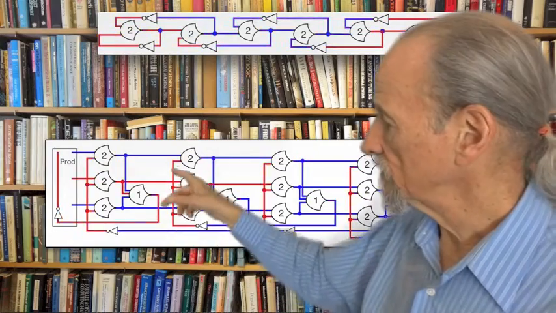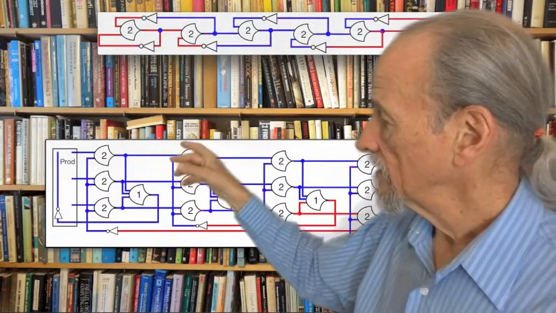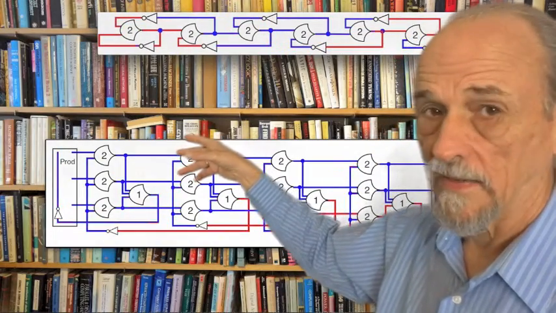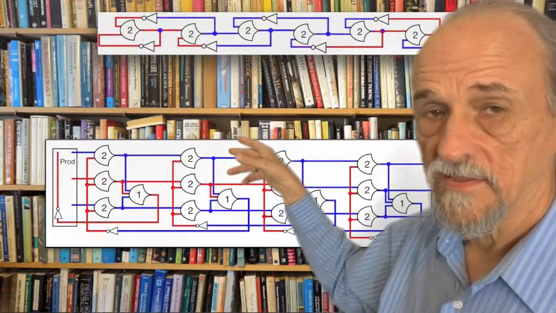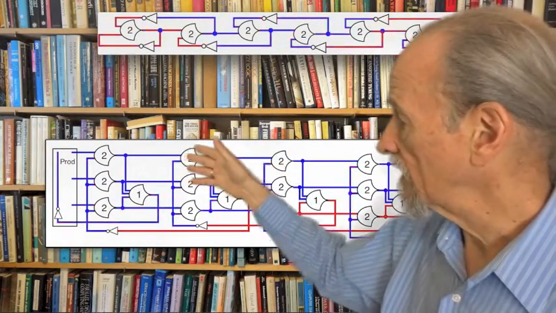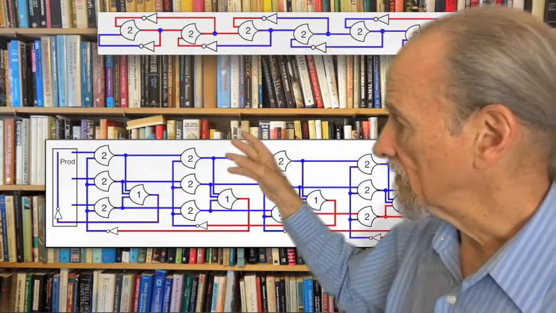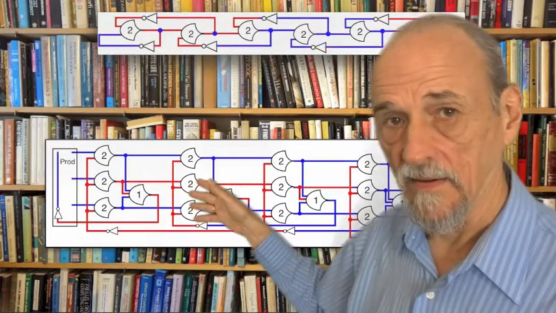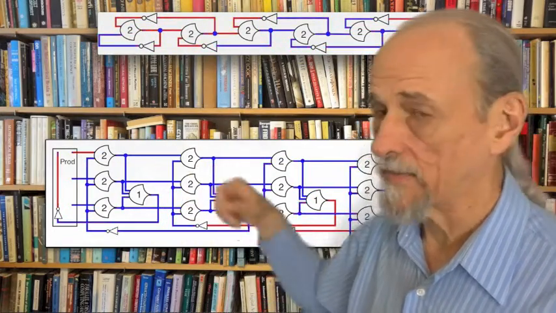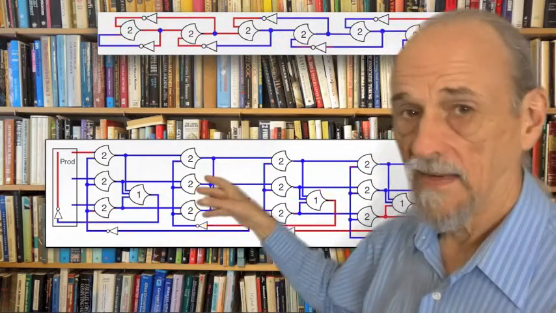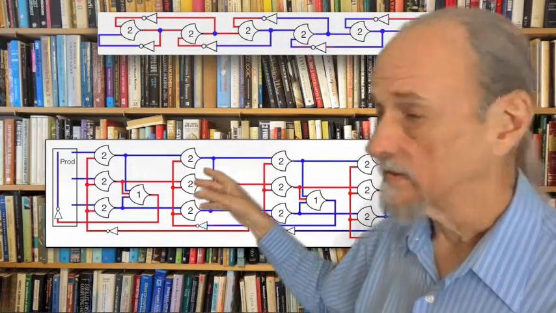So when the closure path is data, and the data wavefront comes along, both inputs of a gate will be data, and it will transition its output to data. So the data wavefront is propagated through the enable rank, and the enable rank will also maintain that data wavefront. As long as the closure path remains data, this rank will maintain that data value as it propagates through the oscillation.